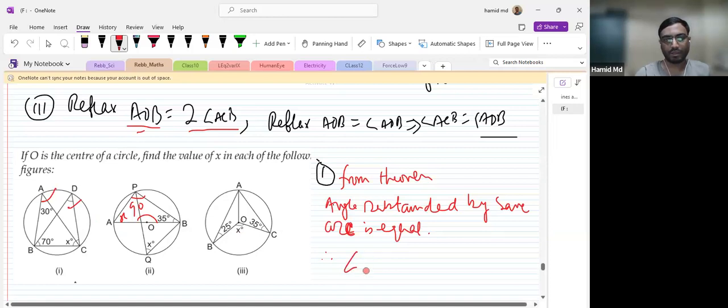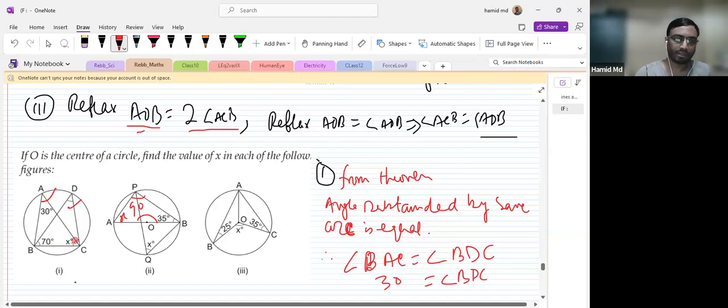So angle BAC will be equal to angle BDC. This is 30 degrees, so BDC is also 30 degrees. Now we have to find this X. This X is included in angle BDC. So therefore, use triangle BDC.